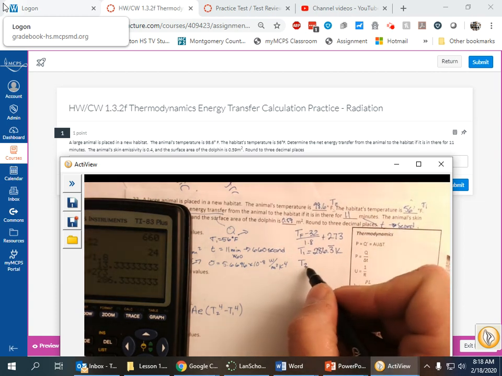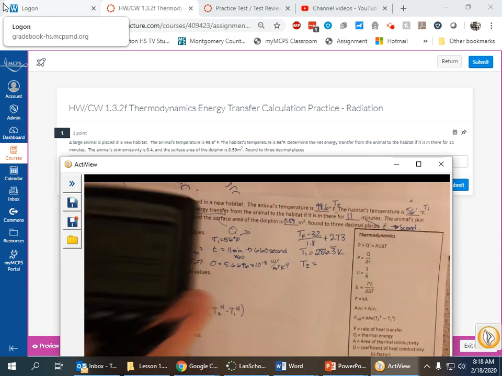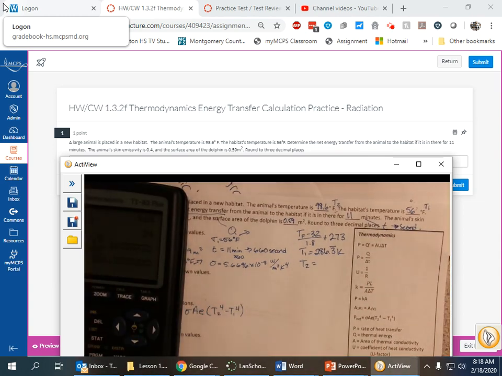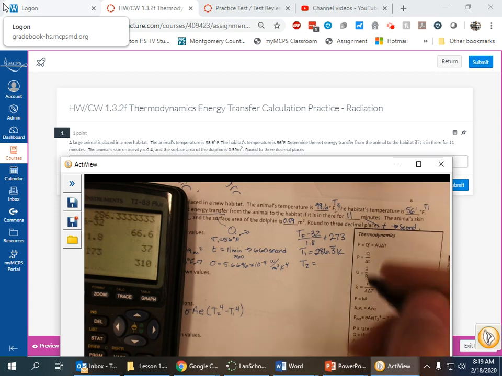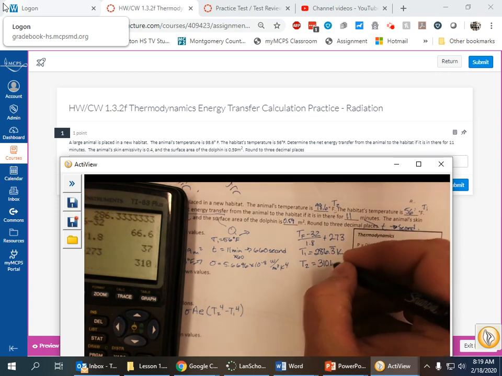And my T2 is going to be 98.6 minus 32 divided by 1.8 and add 273. And that's 310 Kelvin.